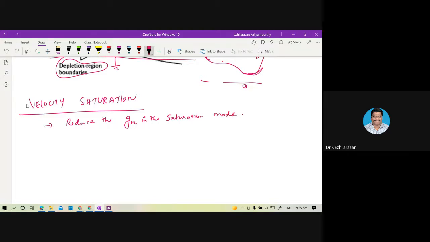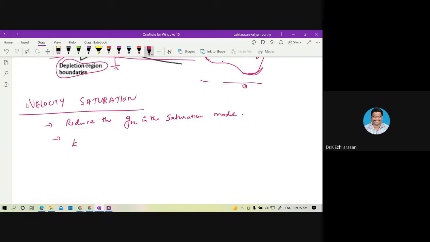Next, the electron drift velocity in the channel varies linearly with the electric field intensity. Let me take an example. Let's write E lateral.